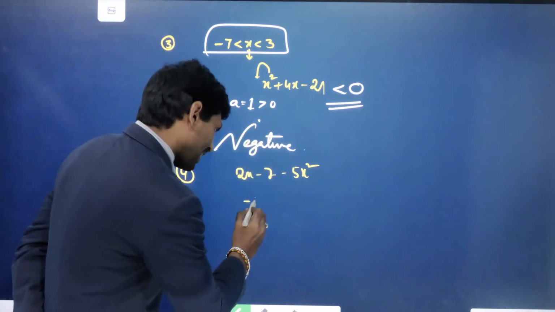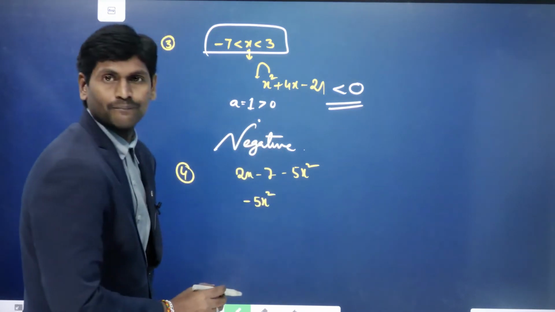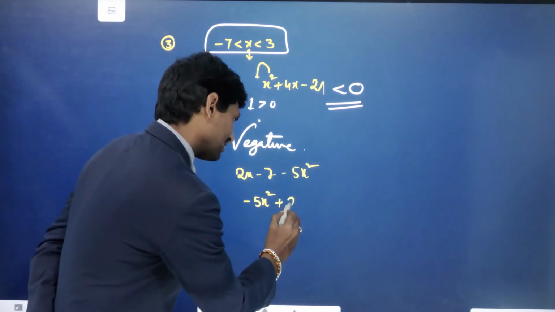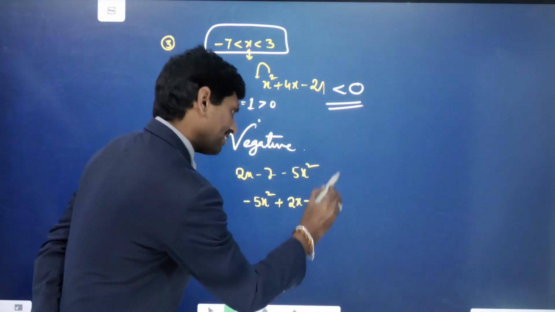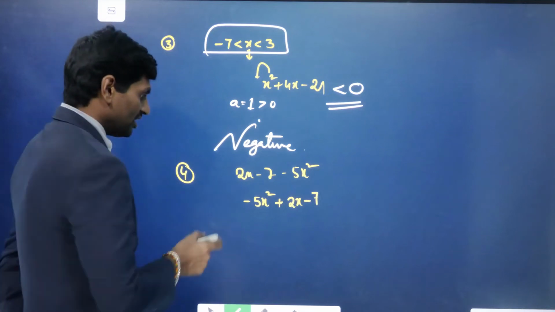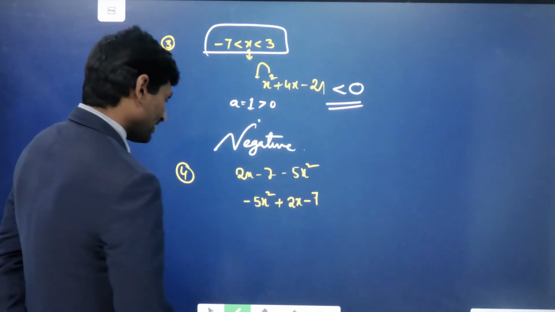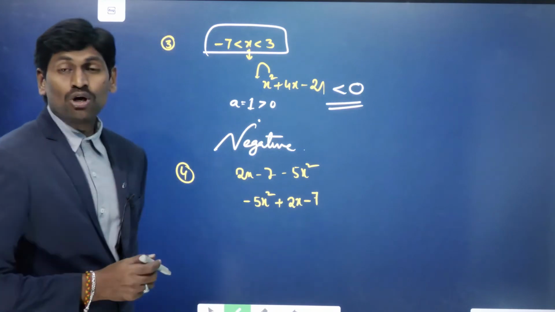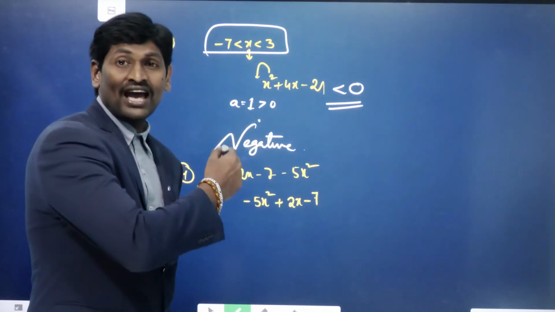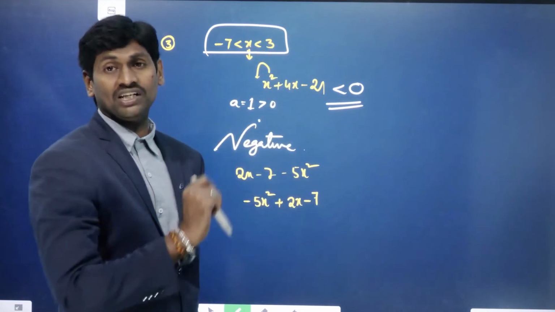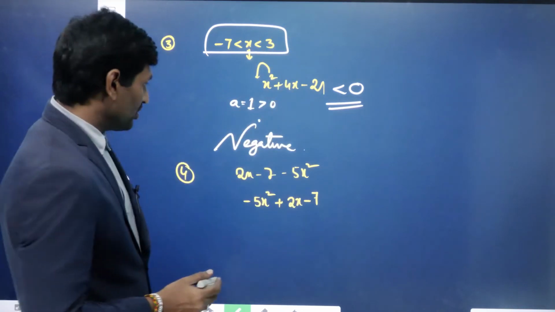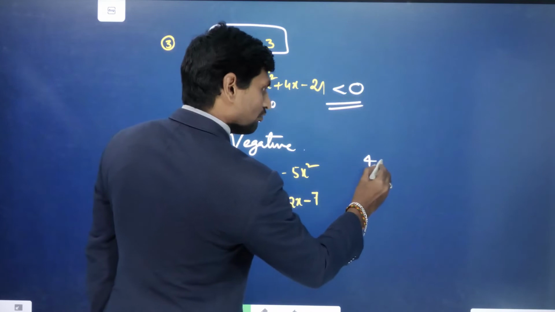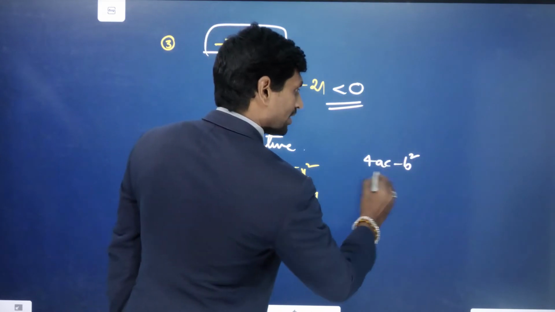So this is minus 5x square plus 2x minus 7. Okay. So we need to find the maxima. When x square coefficient is negative, we have the parabola open downwards, and we will get maxima. So what is the maxima formula? 4ac minus b square by 4a.